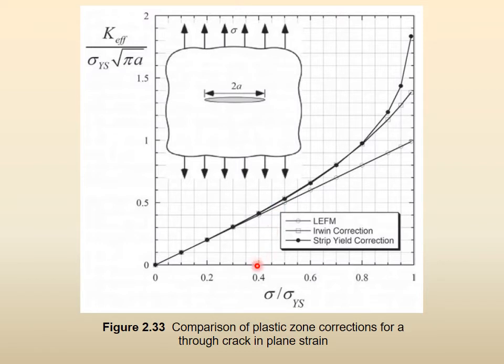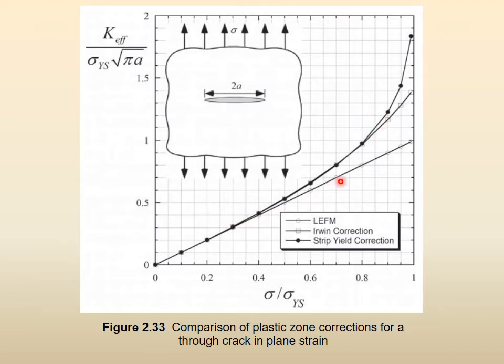So until 0.4 yield strength, until the applied stress is roughly 40%, the straight line approach, the LEFM approach, is very, very good. After that, the non-linear one starts to deviate a little. After that, until 0.85, you see the Irwin correction and the strip yield correction, right?